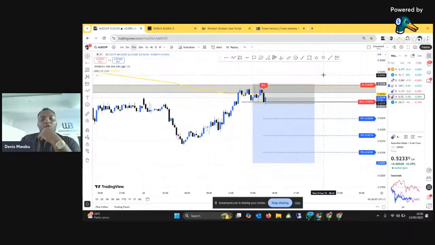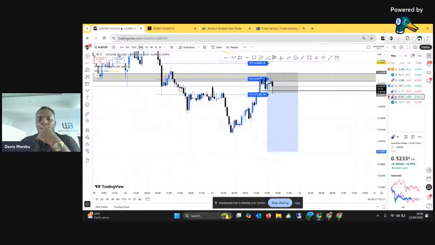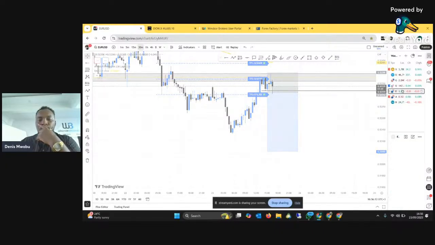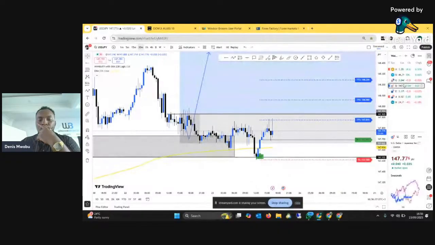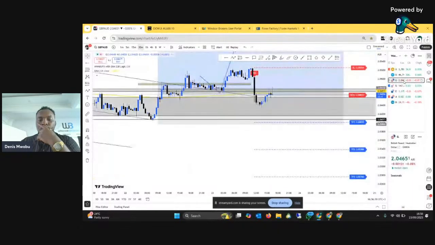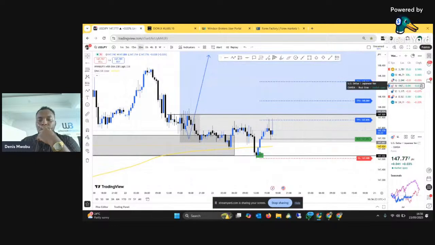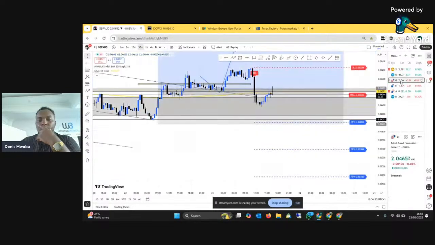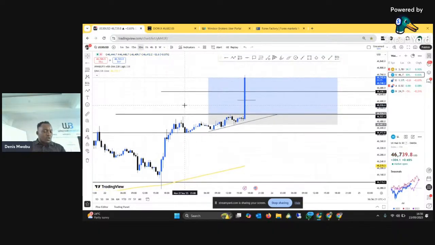I think AUDCHF is our only high probability trade here, but we have to wait for this candle to close below. Actually, these pairs that are here are not supposed to be on my watch list. US 30 is the only one.